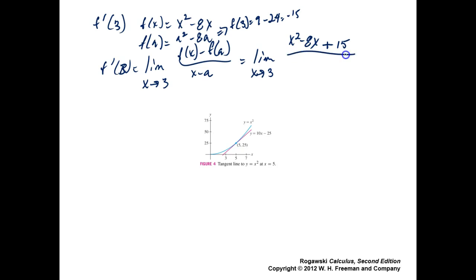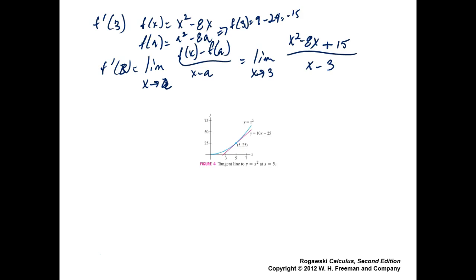Okay. Divided by... I should have written this as a and then rewrite this as 3. That might have been a little bit better. This would be x minus 3.